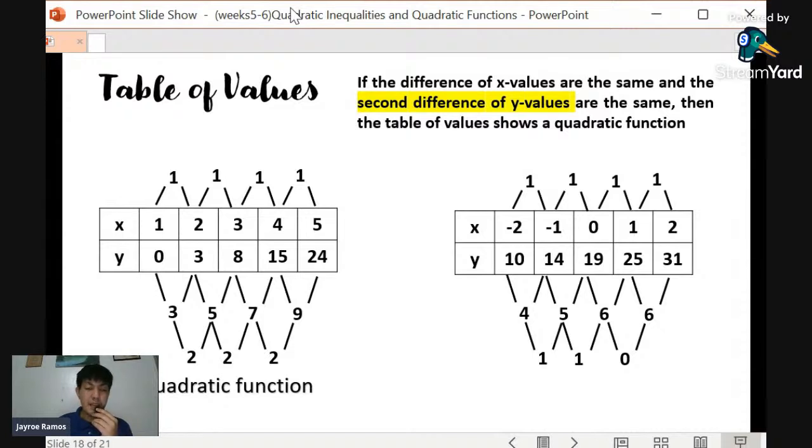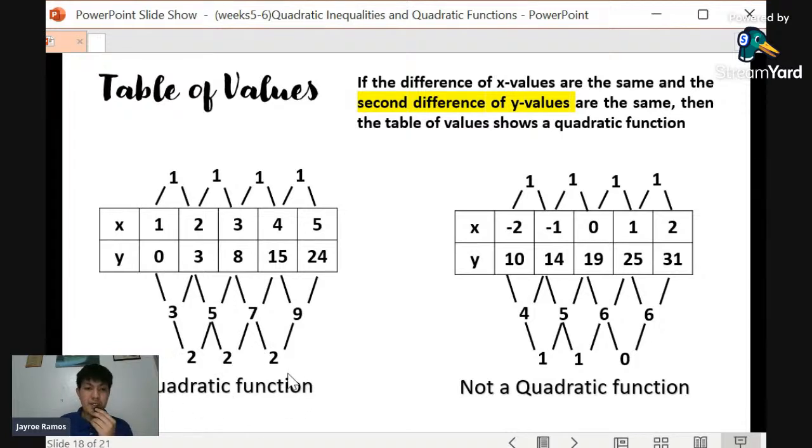So since magkakaiba, we cannot consider this a quadratic function. So the table of values in the second example shows that it is not a quadratic function, kasi yung second difference ay magkakaiba. Unlike dun sa una nating example, kinuha natin yung second difference, pare-pareho. That's why we consider it as quadratic function.